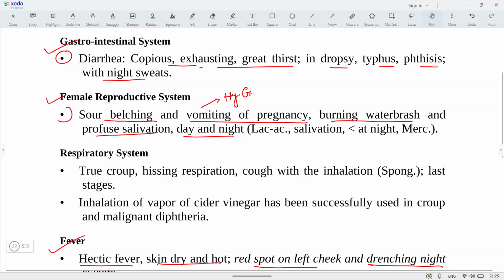Next, come to the respiratory system, one of the very strong areas where acidicum acidum works well, and that is true croup. Croup is also known as laryngotracheobronchitis, meaning the upper and lower respiratory tract are affected.